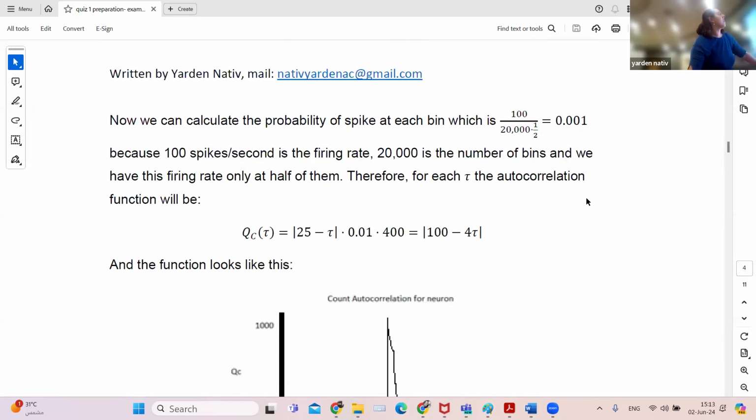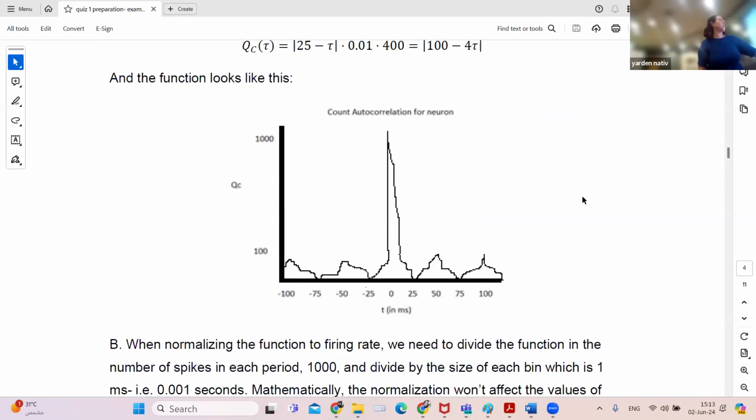Here, the 0 point, the calculation 100 divided by the total is supposed to be 0.01, and that is what is written here. In the autocorrelation graph, I understand the big peak, and the 0 at 25 and 75, but between, for example, minus 75 and minus 25, it should be linear triangles.